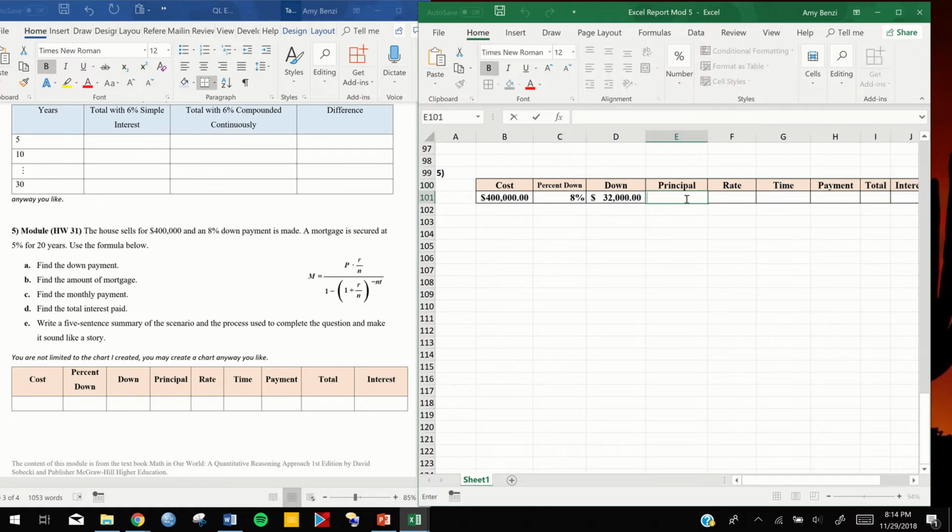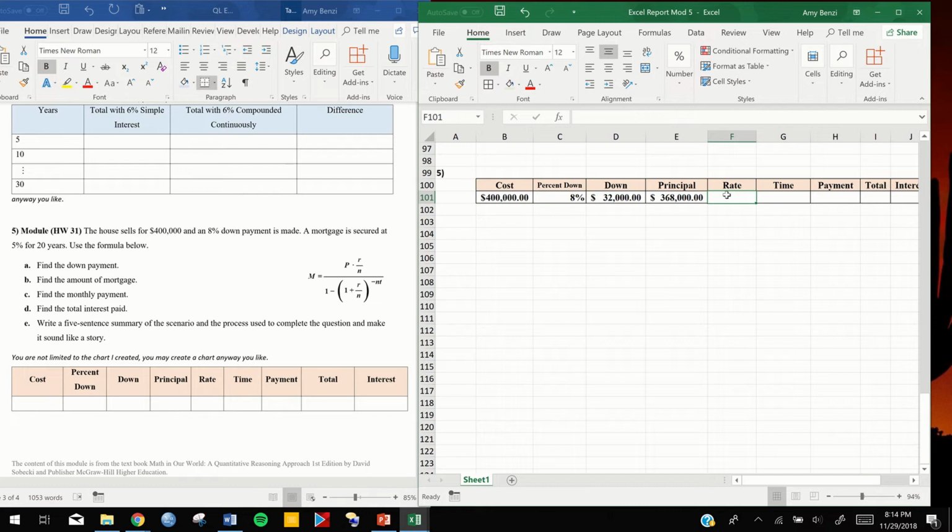The principal is going to be your cost minus your down payment. So that's the principal, how much I have to borrow. I have to borrow the whole amount of the house except, that's what the minus sign is, except the down payment. That's my principal.